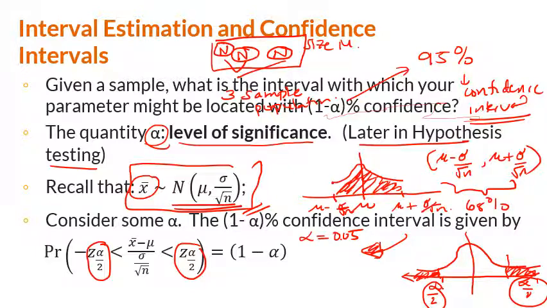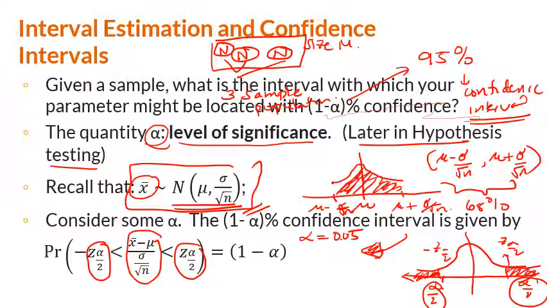So ito yan, we note this. We label this as z alpha over 2 and this as negative z alpha over 2. So take note na pwede nating gawin yan na they are the negative of each other because your normal distribution is symmetric or an even function with respect to your mean. Okay, so we now have this relationship na yung probability that the z-score, ito class, this is your z-score.